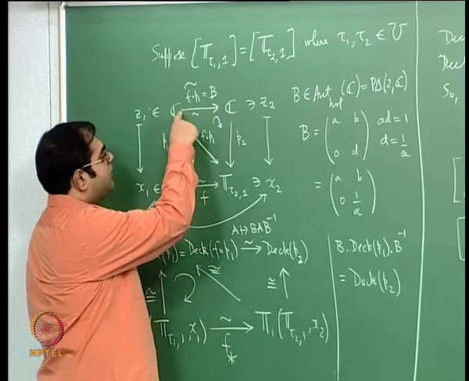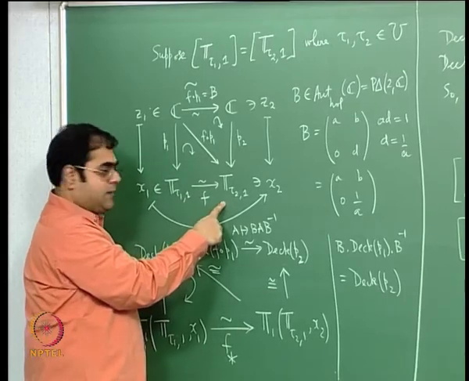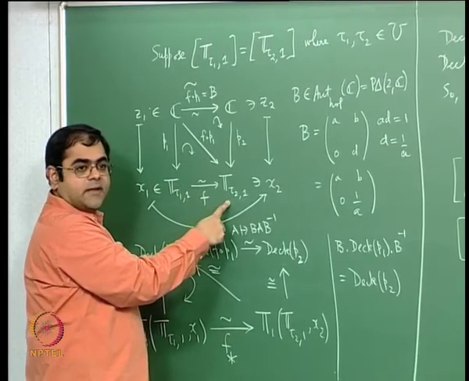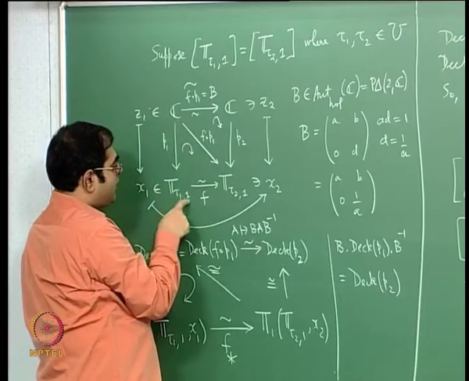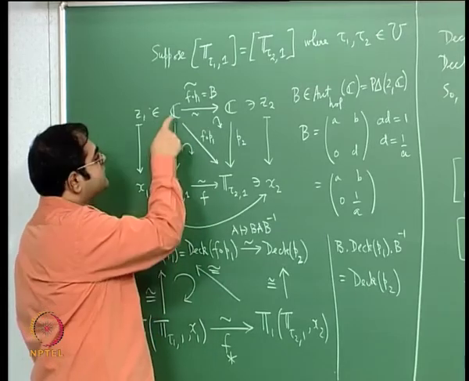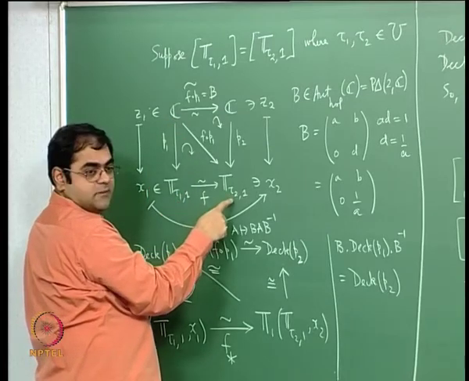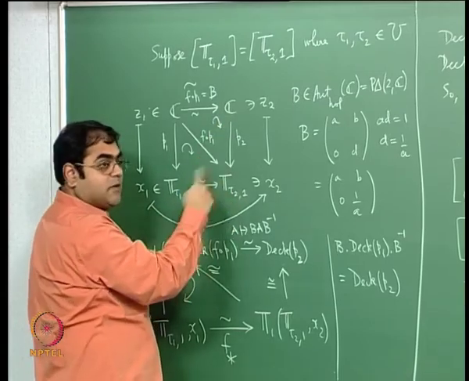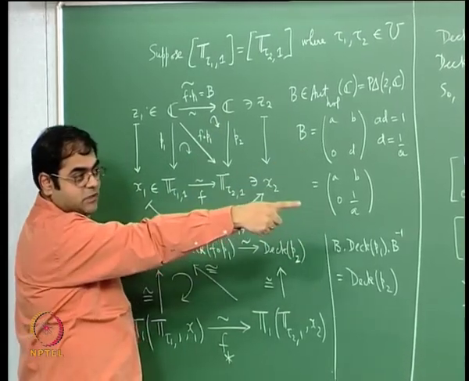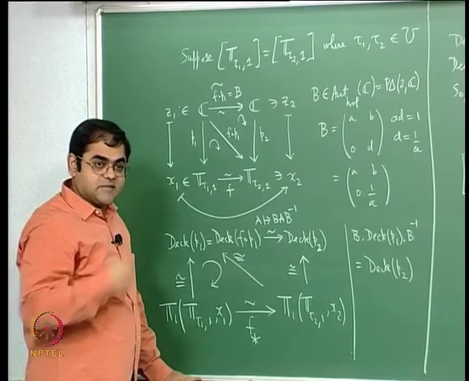Because of that isomorphism, it will actually go down. The reason is that the lattice defined by 1 and tau 1, namely the Z-submodule of C defined by 1 and tau 1, will be mapped to the Z-submodule of C defined by 1 and tau 2. That is because you are given that element of PSL2 which does this.